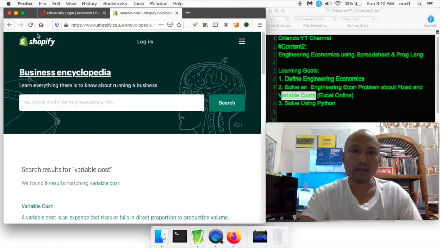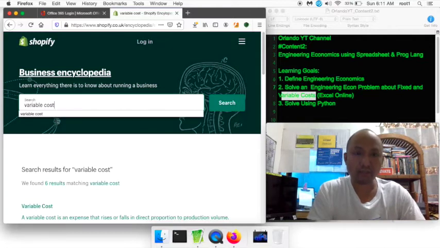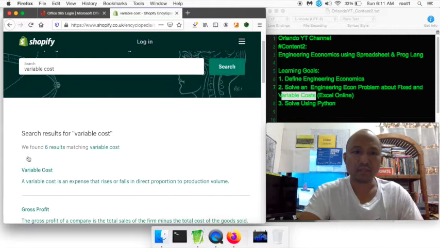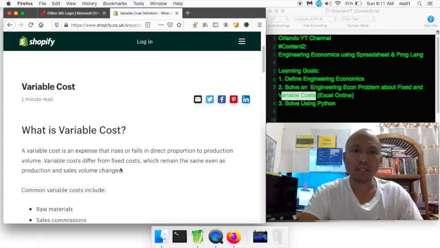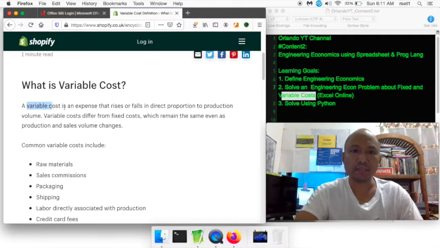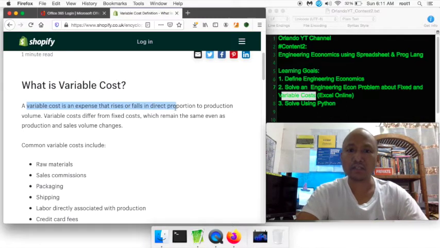In my left work area, I'm using Shopify, which is a business encyclopedia. You can also search this in Google. Let's type what is a variable cost or variable expense. We notice that there is a variable cost definition here. A variable cost is an expense that rises and falls in direct proportion to the production volume.